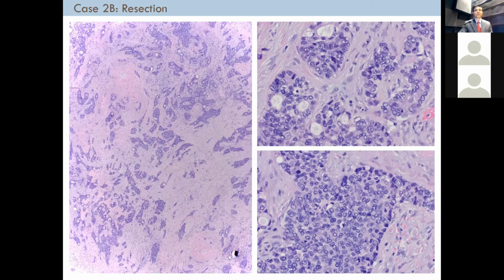Also, if you note, there are some glandular elements that are very intimately intermixed with these solid areas, seen on these high-power images. Over here, you can see these glandular elements that are intermixed with the high-grade solid neuroendocrine carcinoma-like areas.